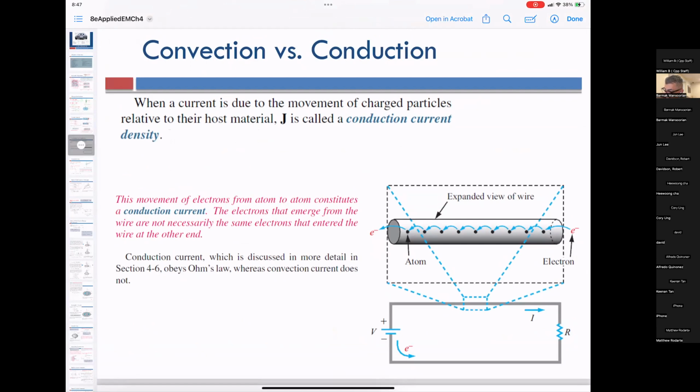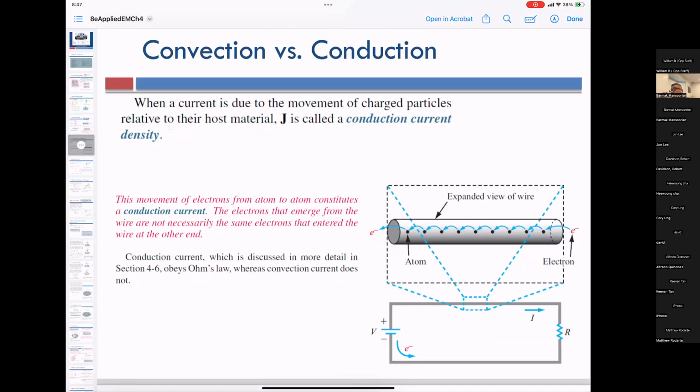In all our sort of electrical wire systems, we have conduction current. That's why we talk about conduction. Convection is when, like the example for a convection current, which I can't imagine a case when we, as electrical engineers, are going to really run into it, is when you have charged particles in a cloud and the cloud is moving.